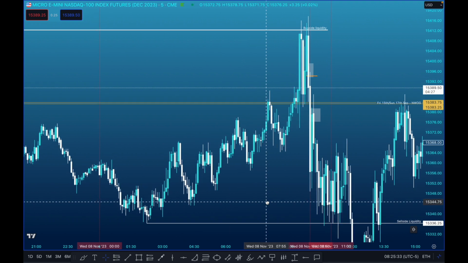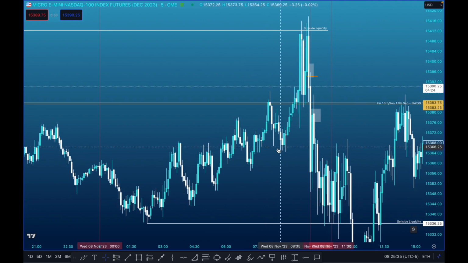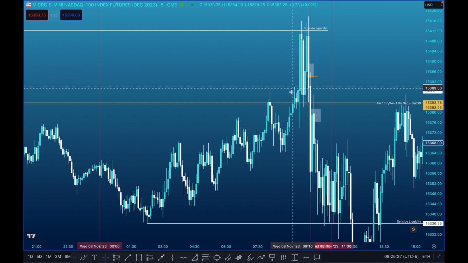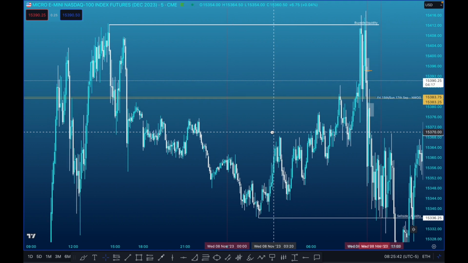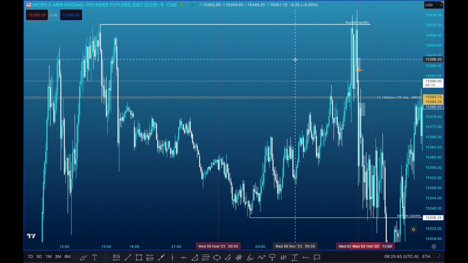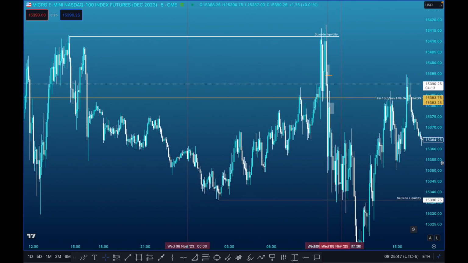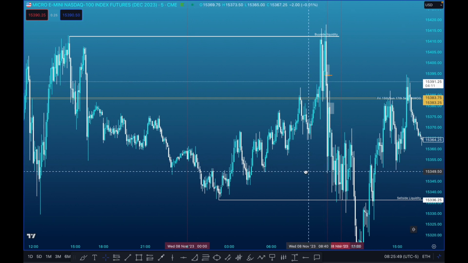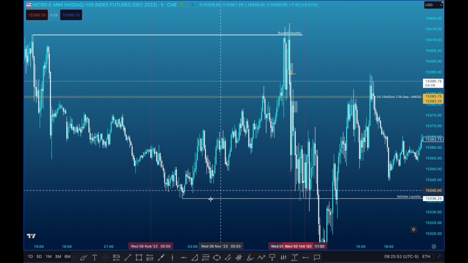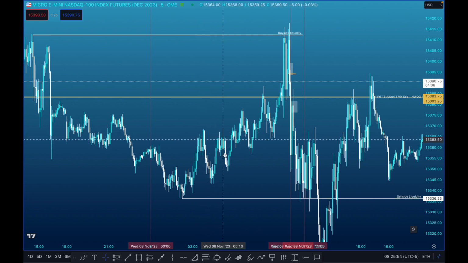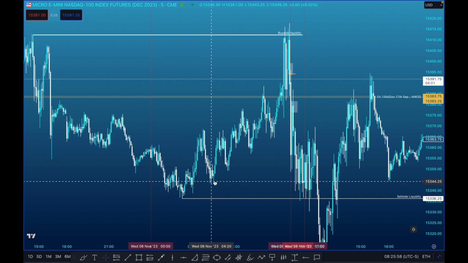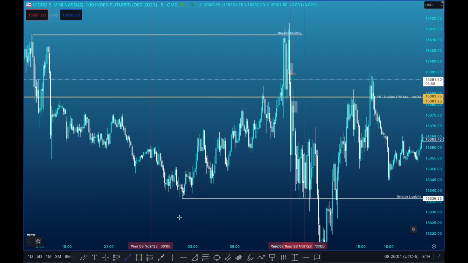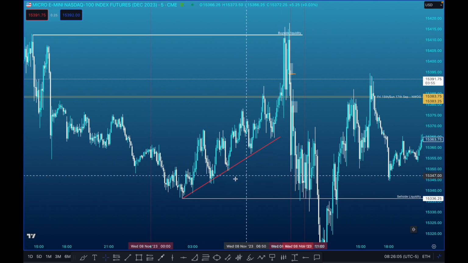So yesterday I traded this in here and we had this run above this high. So the first thing that I look for, if I'm bearish and I want to sell, I like to see a clear uptrend like this where we've got several lows being respected, because retail would see this as a trend line.